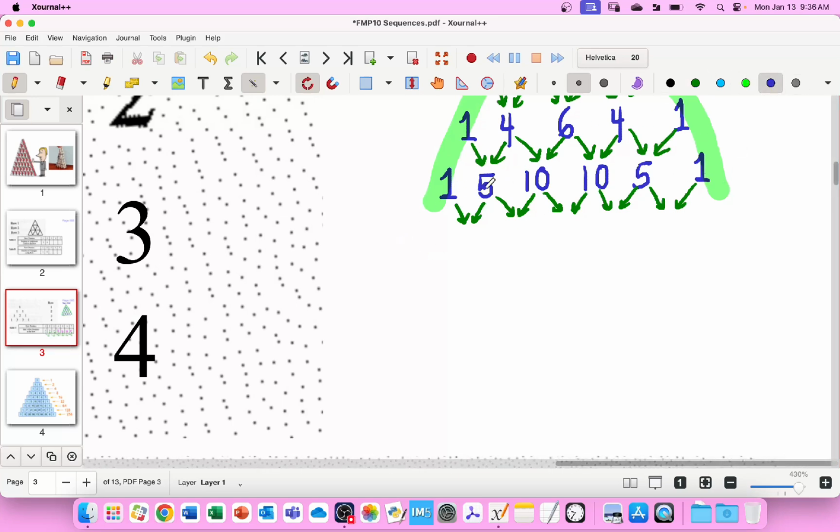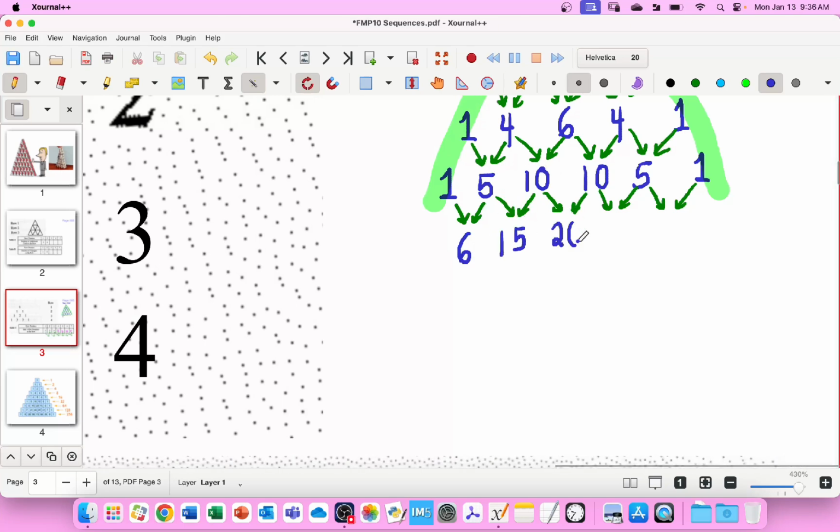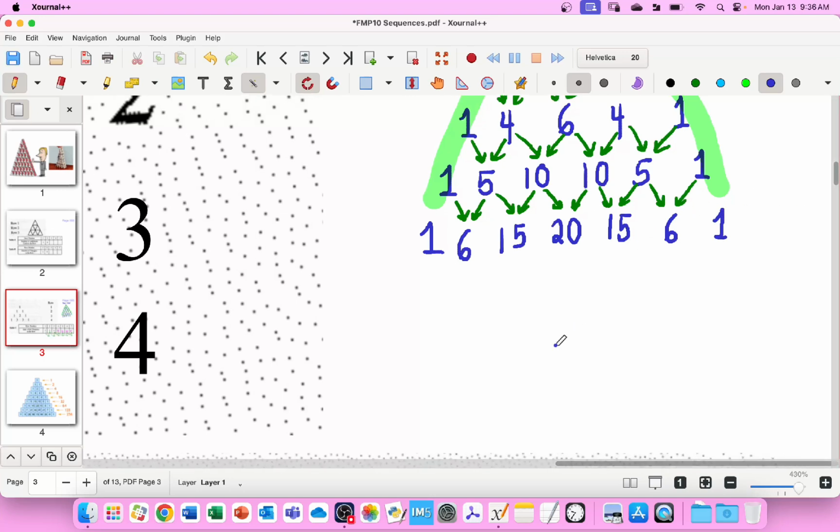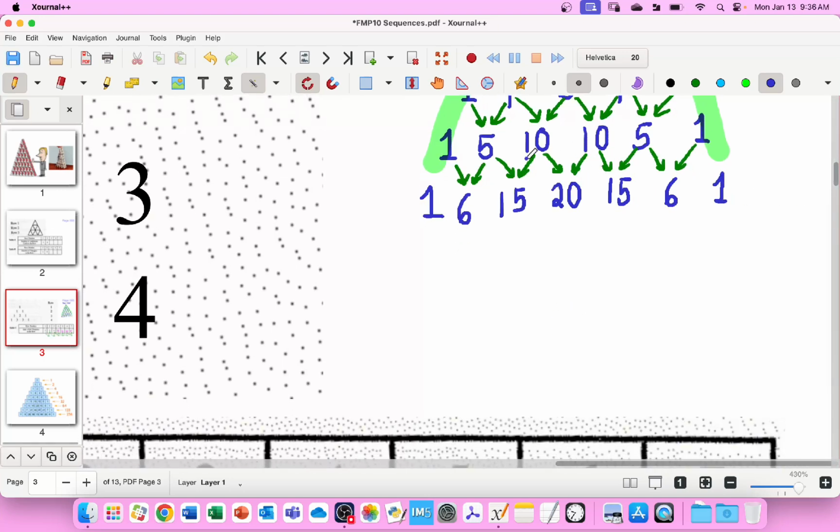So 1 plus 5 is 6. 5 plus 10 is 15. 10 plus 10 is 20. 10 plus 5 is 15. 5 plus 1 is 6. And then, of course, I always extend with my 1s on the diagonal. So that's going to be 20 plus 30 is 50. 62 when I add 12.